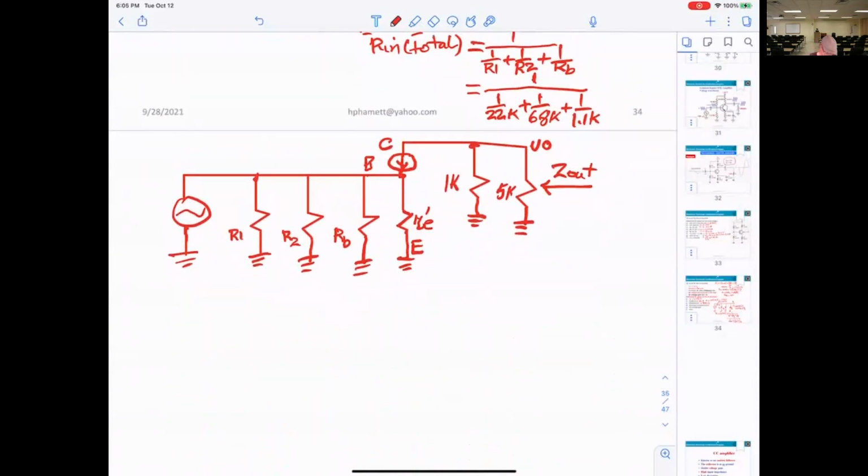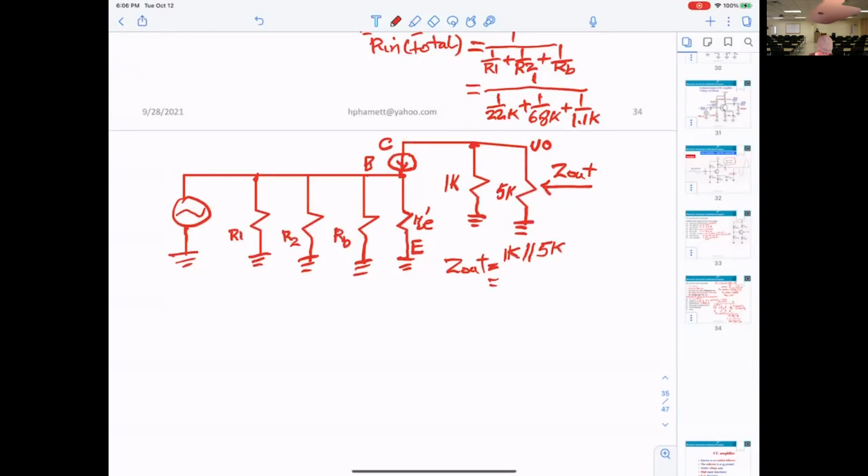So G out will be equal, easy for you to see, equal what? 1K parallel 5K.